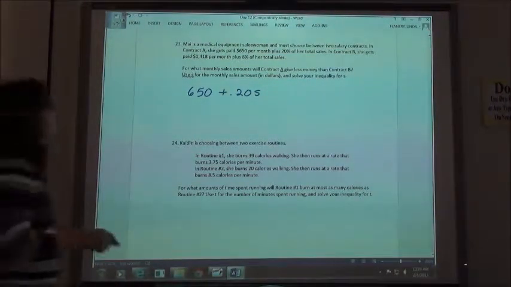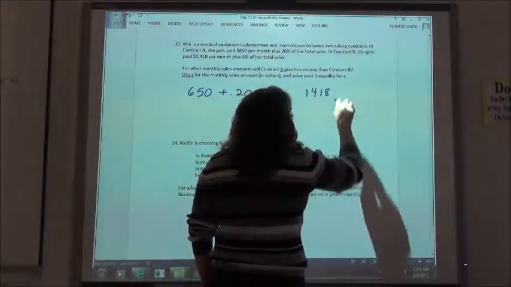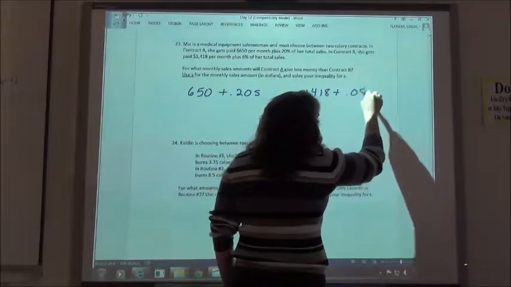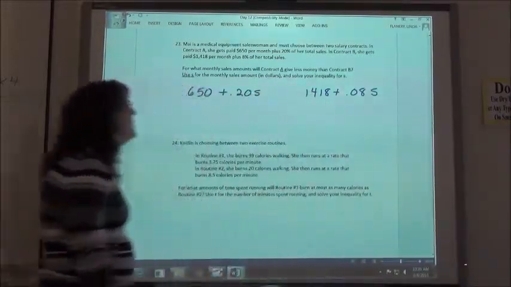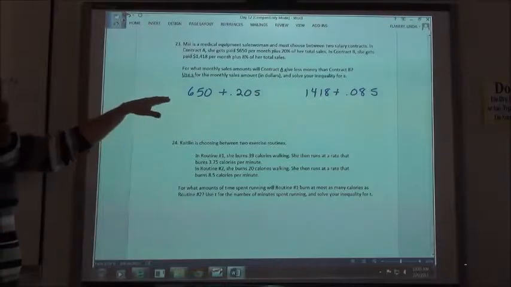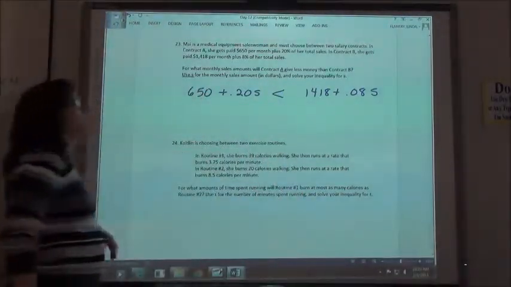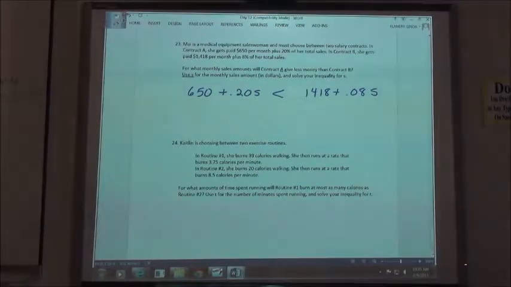Contract B, she gets paid $1,418 per month plus 8% of her sales. So 1,418 plus 0.08 S. For what monthly sales amount will A give less than B? We want A to be less than B then.